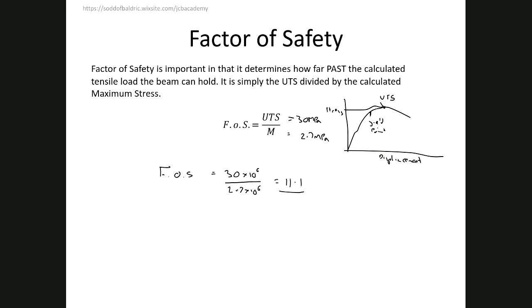So this device has a factor of safety of 11, which means you can go 11 times that stress before it will break. Last thing we're going to do, the minimum radius of curvature.